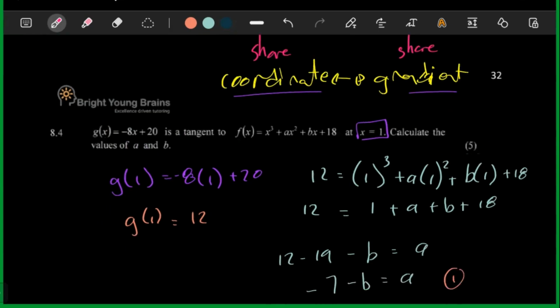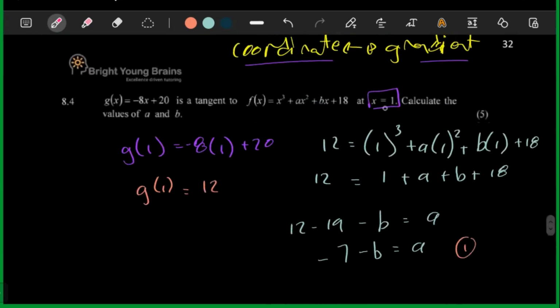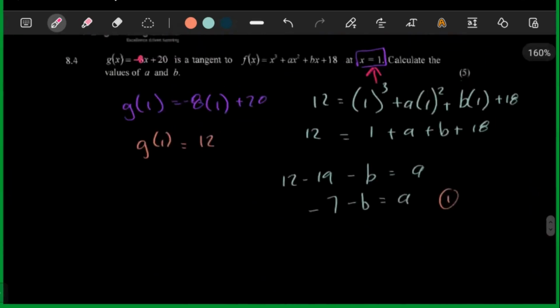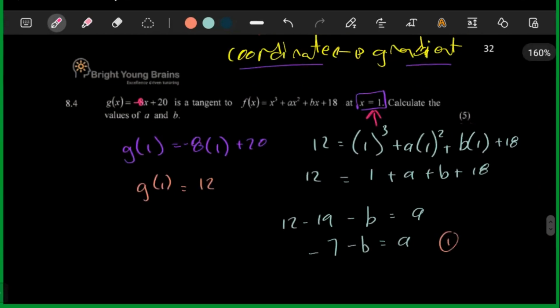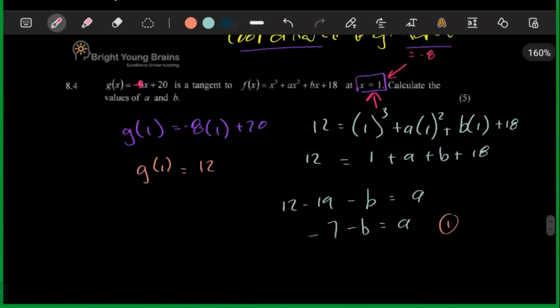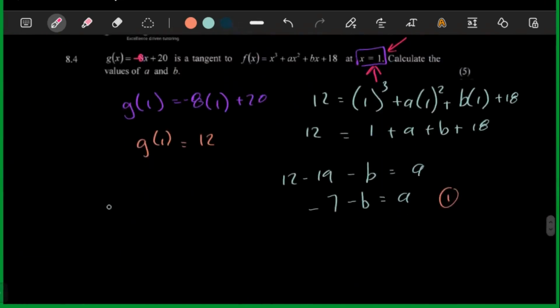So what you do know is that where the tangent meets the curve here, at x positive 1, the gradient at that point is negative 8. That's information you need. So for us to work with the gradient, we need a gradient equation of our curve.